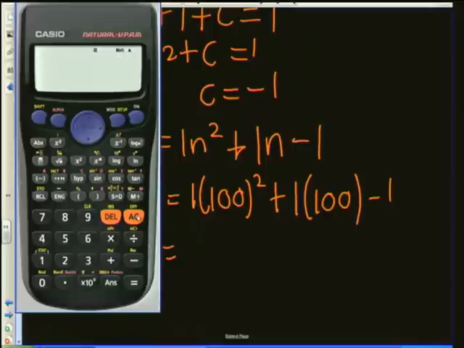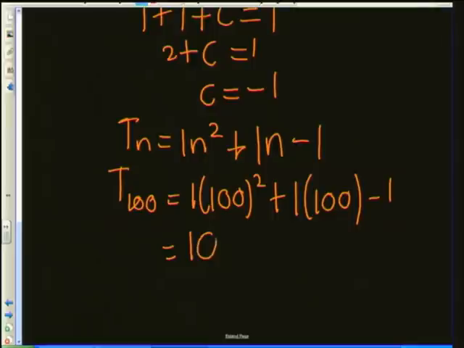It's going to be 100 all squared plus 1 times 100, which is 100, minus 1. And that is 10,099. That is our 100th term.